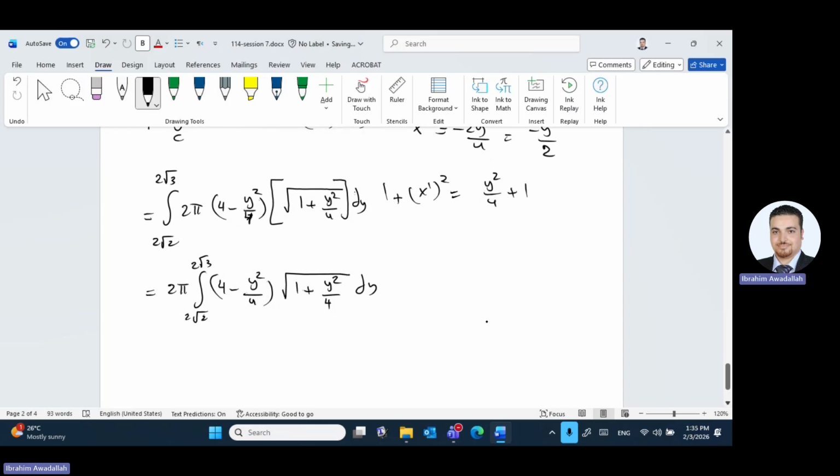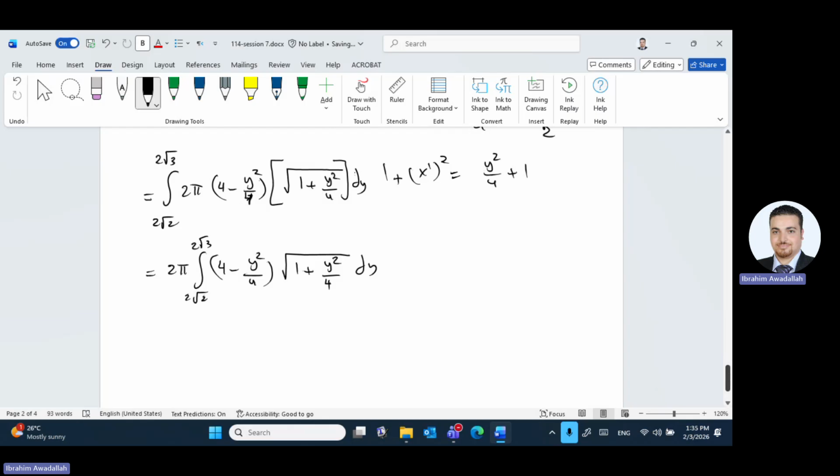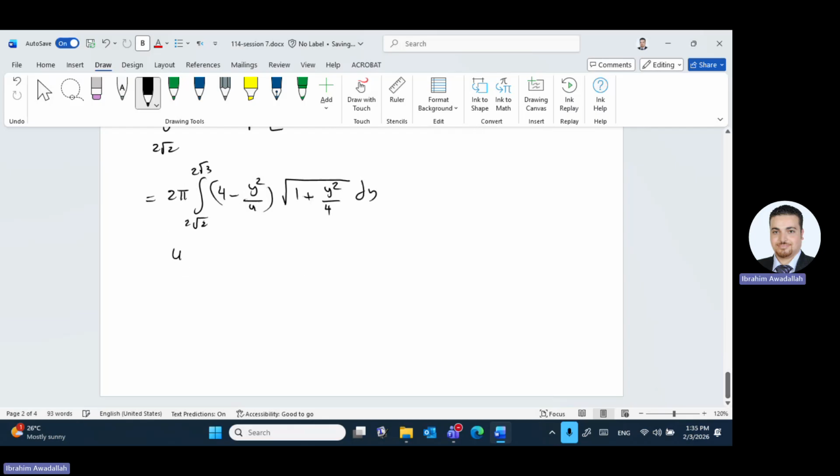We should use the substitution method, I think. This is a plus, it's not minus. So u equal 1 plus y to the power 2 over 4. du over dy equal the derivative, which will be y over 2.